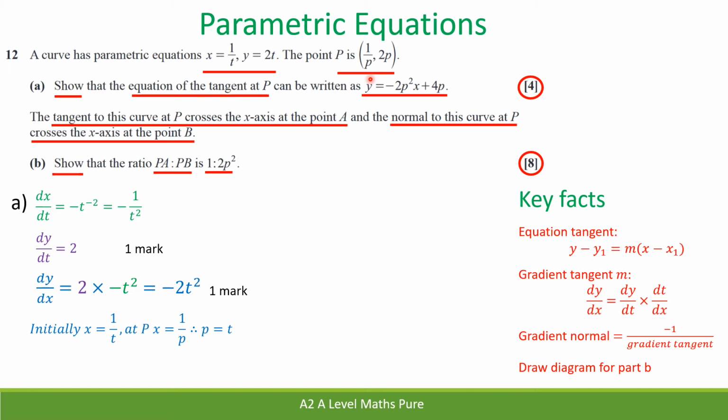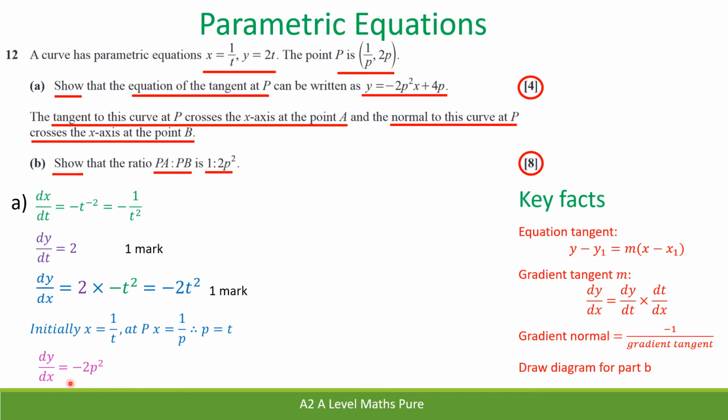You should be able to spot initially that if x is equal to 1 over t, at p, x is equal to 1 over p, which means that p is just equal to t. And that is the same here, 2t, 2p. It works on the x coordinate and it works on the y coordinate. So just check it works in both coordinates. So now I know that p is equal to t, I can replace this t with a p.